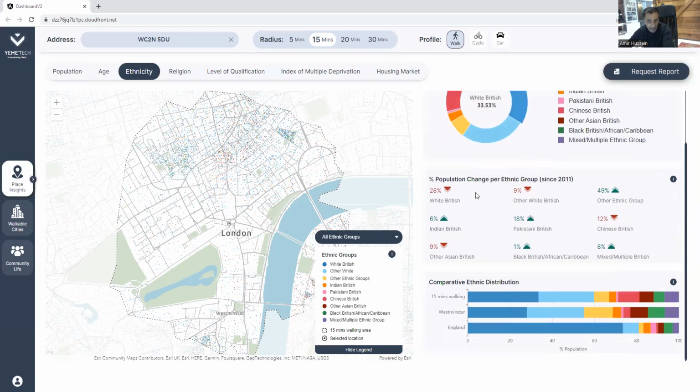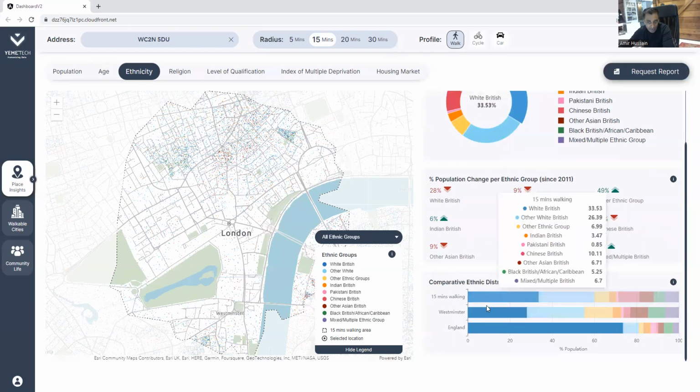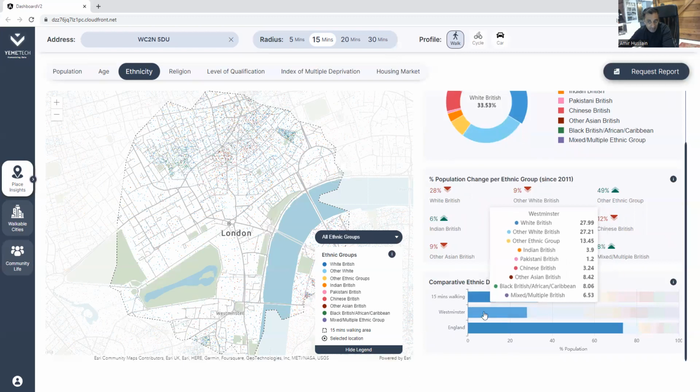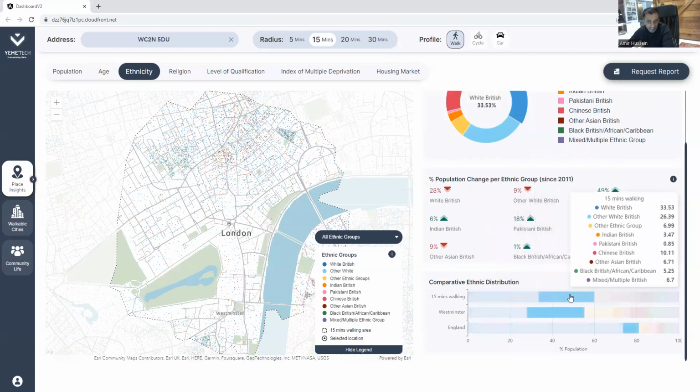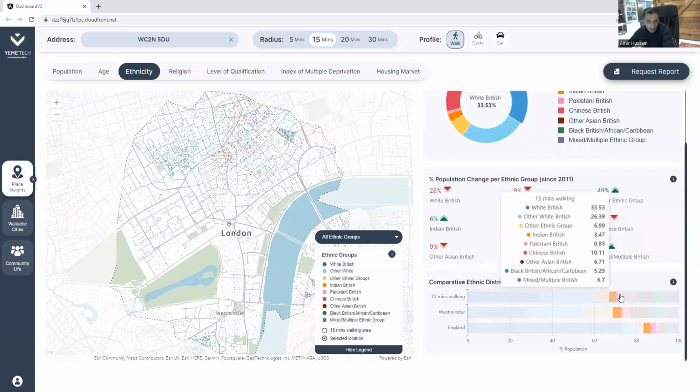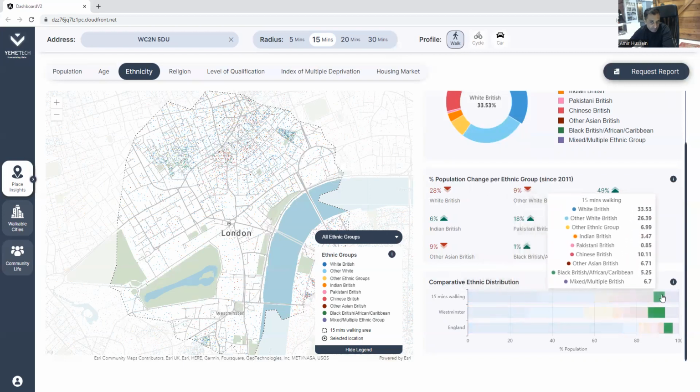We can then see how this has changed over the last 10, 12 years. And we can see how individually different ethnic groups have either increased or decreased. We can then compare this 15-minute area with the wider borough area, or compared to the rest of England. So we can start to do a comparative analysis of how this is working for each one of these ethnicities.